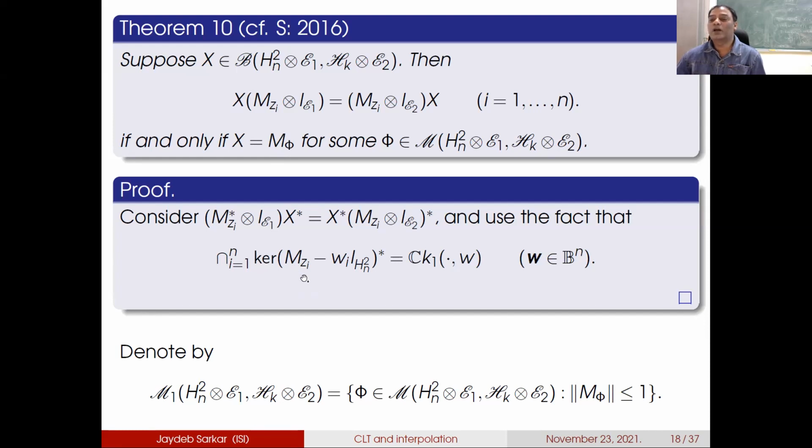The intersection of the kernels of (N_zi minus omega_i I) star is nothing but just one dimension generated by the eigenvector k1 at omega. So if you use that, you can get a very quick proof of this fact. So you take all the multipliers of norm less than or equal to 1, and we denote it by M sub 1. That's the notation.